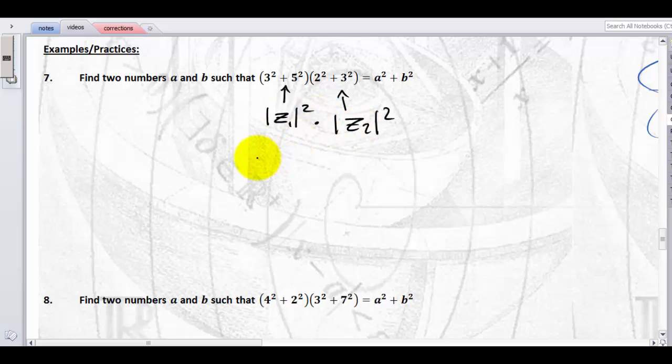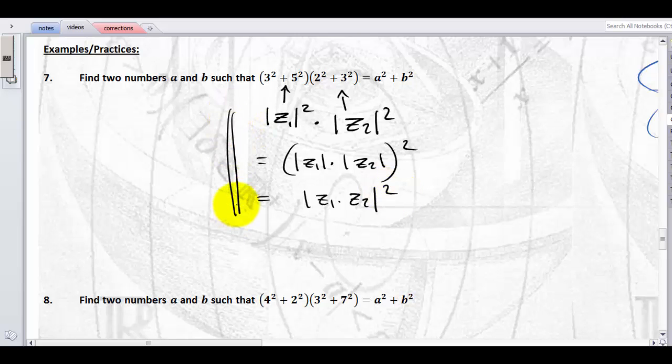But this is the same as the product of the two moduli, and then I'll take the square outside. I'm allowed to do that, right? But now the product of the two moduli is the modulus of the product, z1 times z2, and I'll take the square of that. And I'm done. That's it. With that, we can find the two numbers.